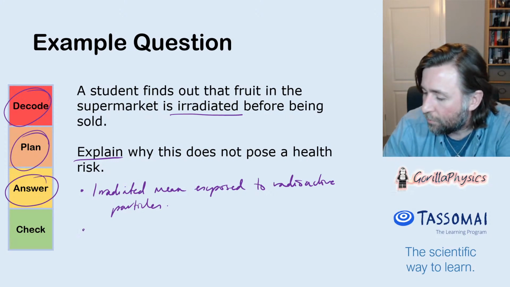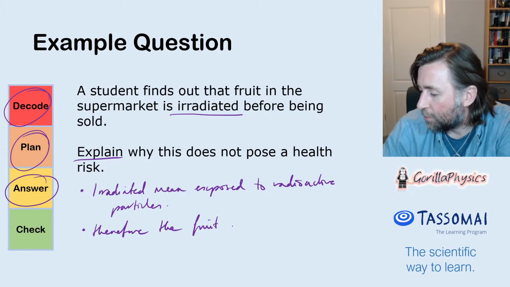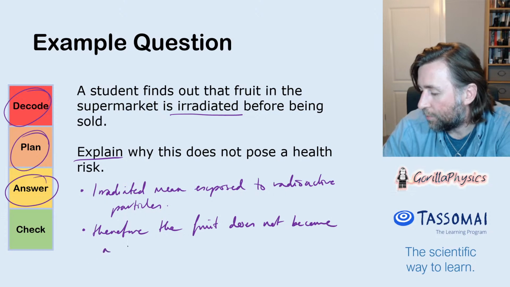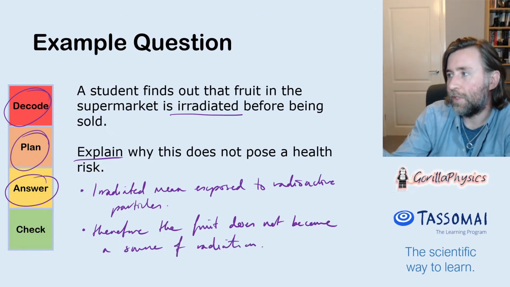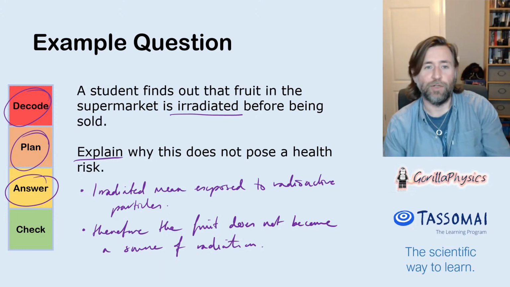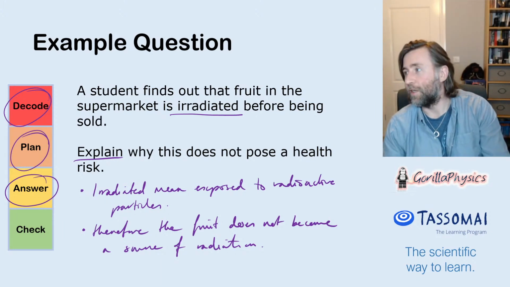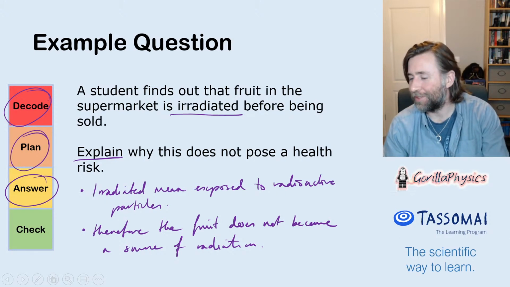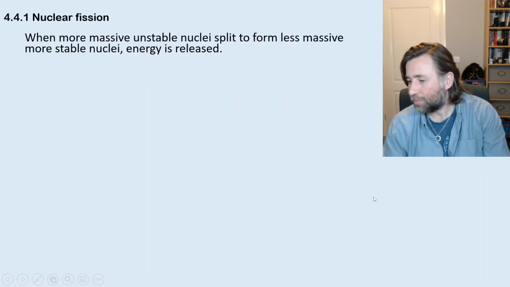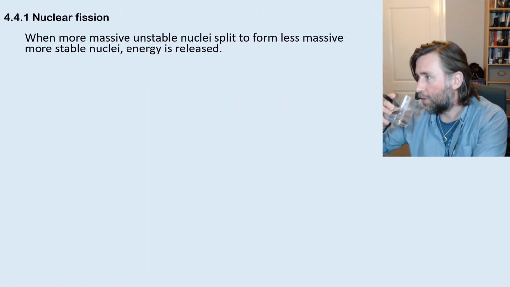So therefore, the fruit does not become a source of radiation. It's that simple. They could have just said, explain what is meant by irradiation and why an irradiated object isn't a hazard. But instead of doing that, they've given you a bit of a context, and that can sometimes trip people up.